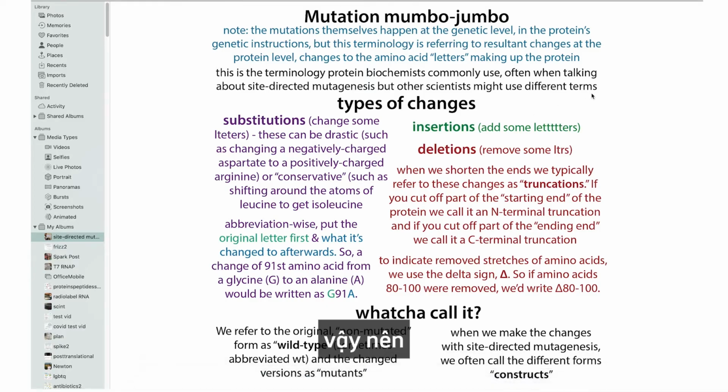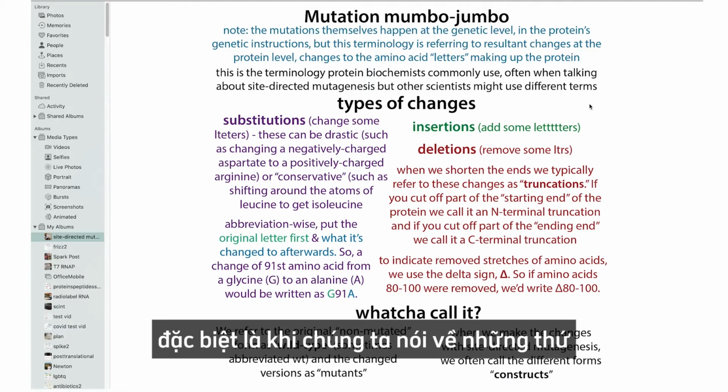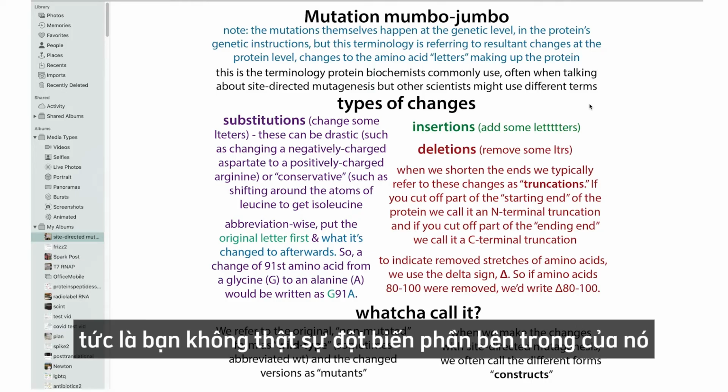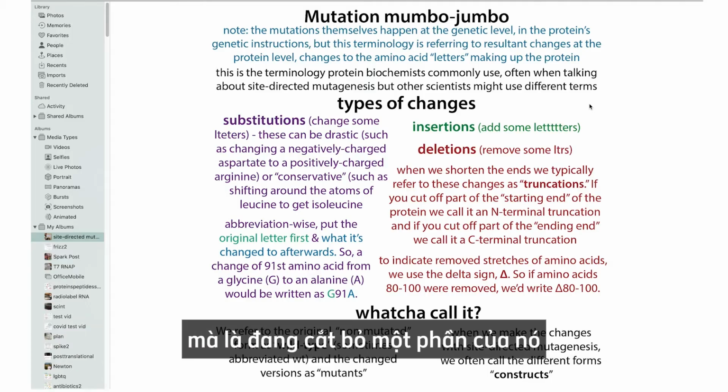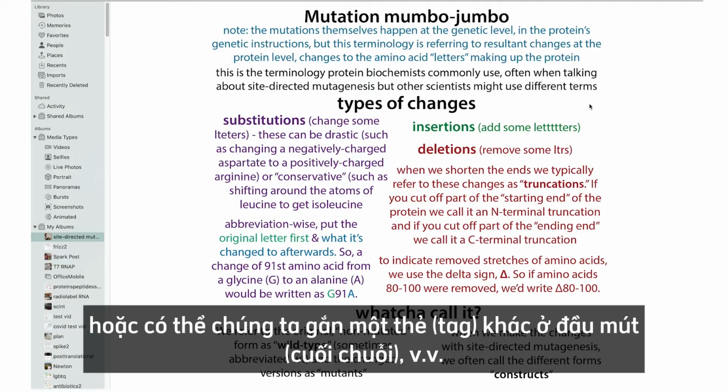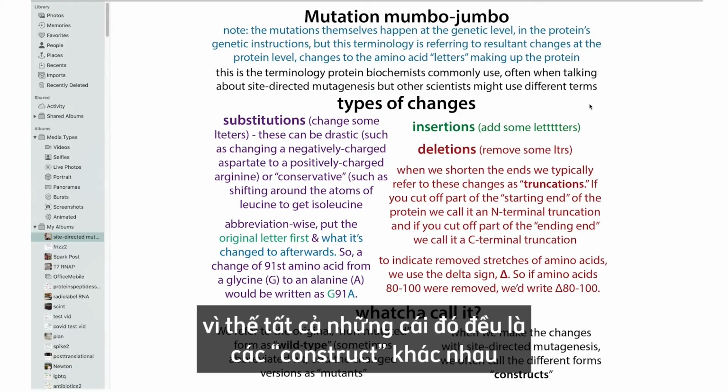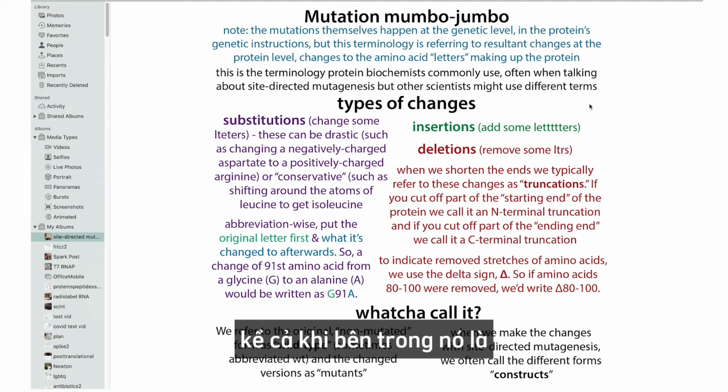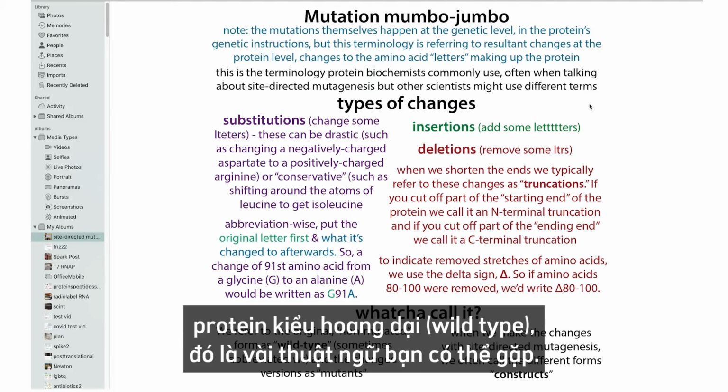Especially when we're talking about a truncation or whatever, where you're not really mutating the actual stuff inside of it, but we're chopping off part of it. Or maybe we have a different tag on the end or that sort of thing. So this would all be different constructs, even if it has the wild type protein within it. So those are a couple terms that you might see.